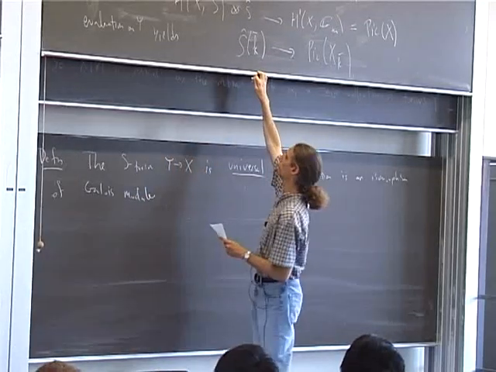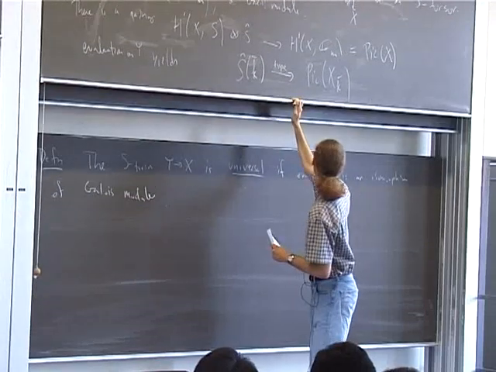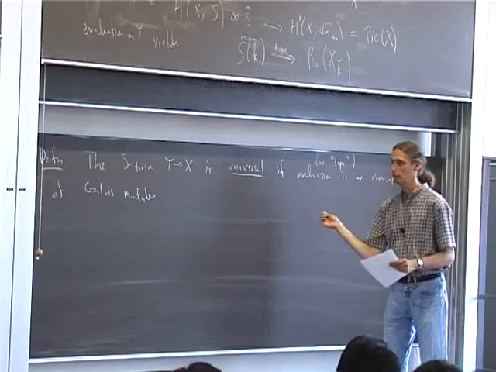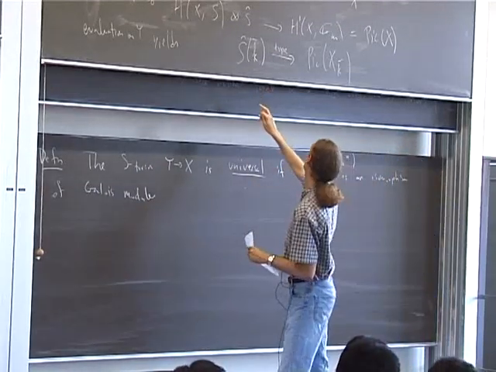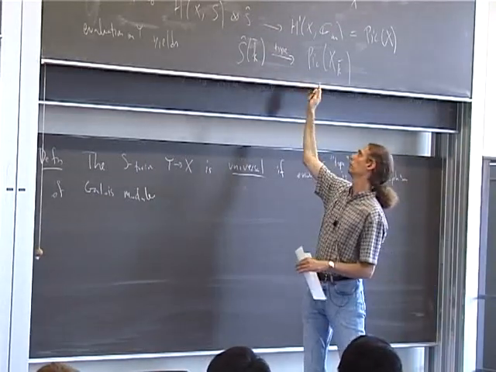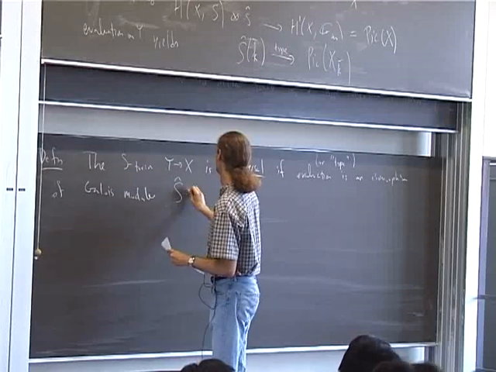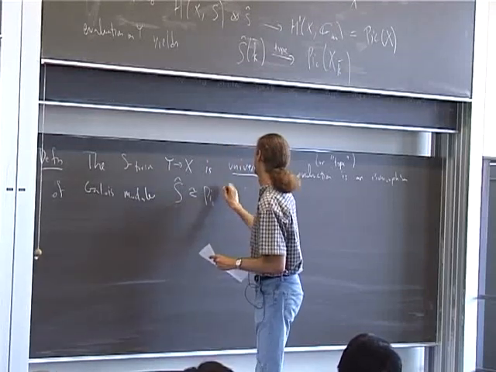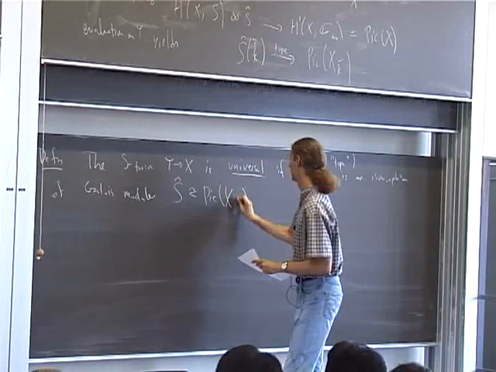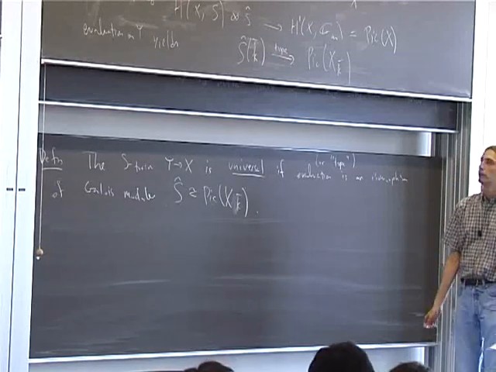This is also called the type. So the type of the torsor is an equivariant map of Galois modules, like so. So if it's an isomorphism, then the torsor is called universal.